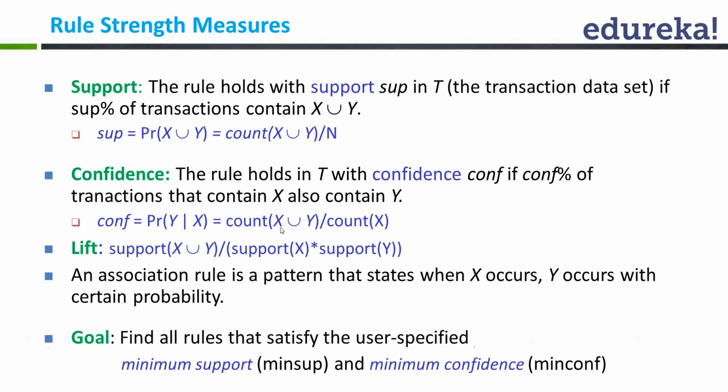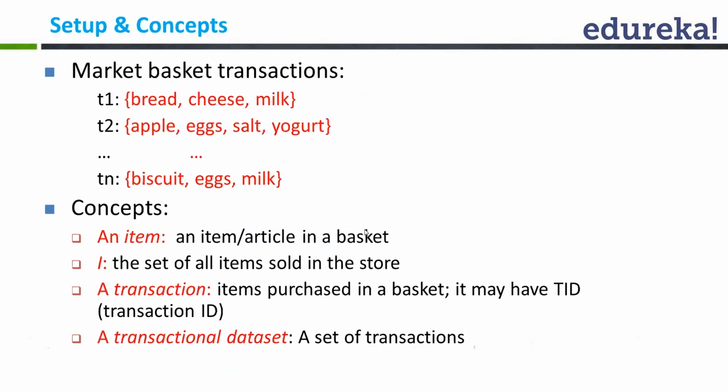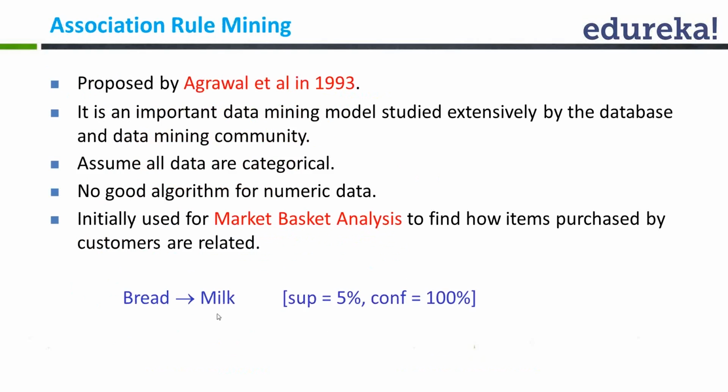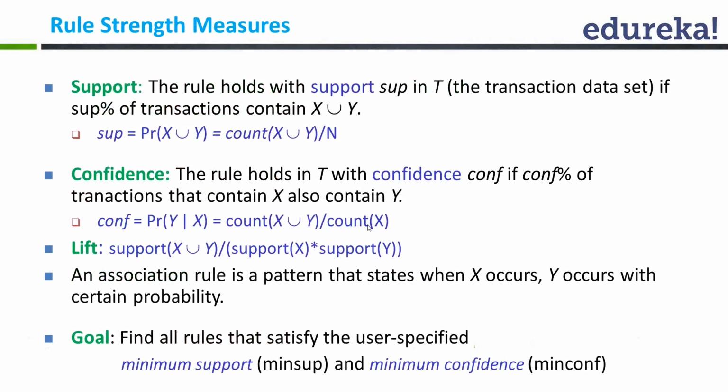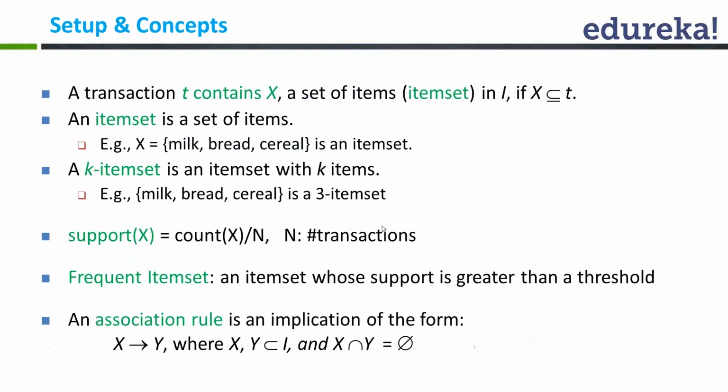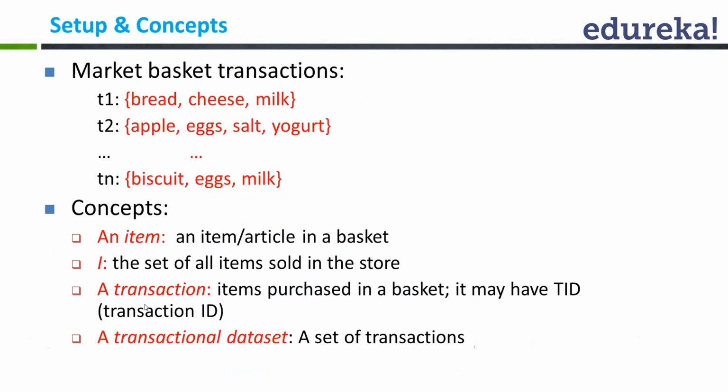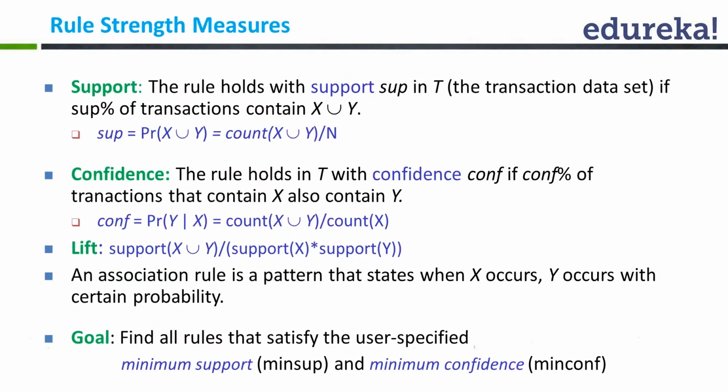The numerator is still the same, count of X union Y, divided by count of X. In my example, if I am saying bread implies milk, it's the number of transactions with both bread and milk divided by the number of transactions with just bread, which is the left hand side, X. That means out of all the transactions in which bread occurs, what is the percentage of transactions in which milk also occurs? That's exactly what it is capturing.